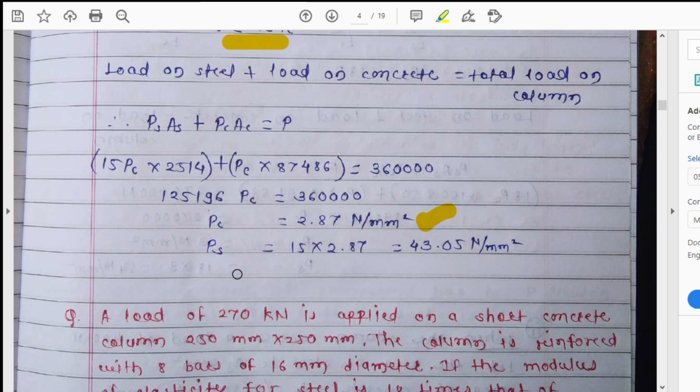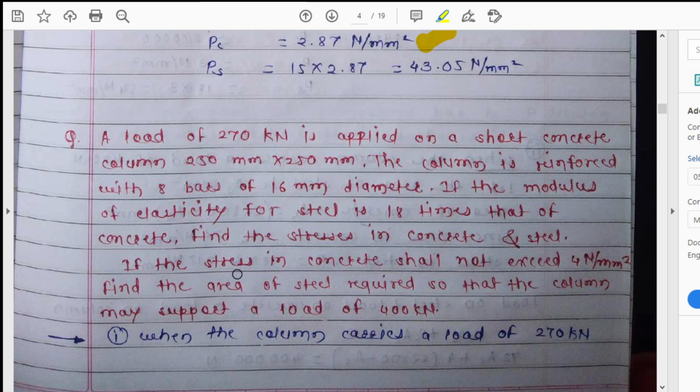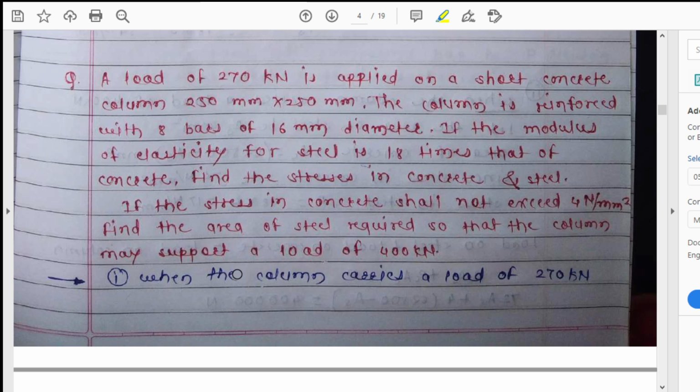Now this example is also very simple, but I'll simply highlight this. A load of 270 kilonewtons is applied on a short concrete column of 250 mm by 250 mm. The column is reinforced with 8 bars of 16 mm diameter.